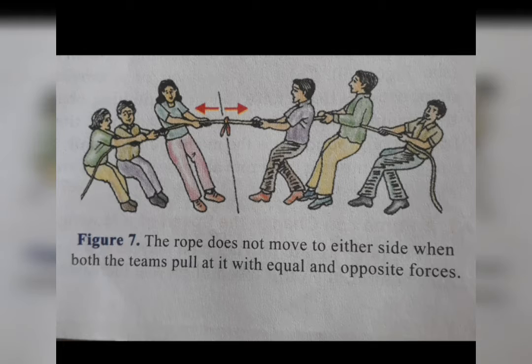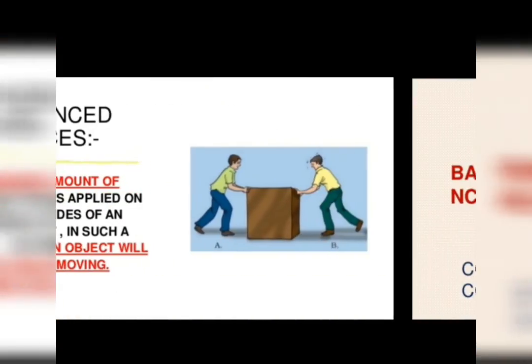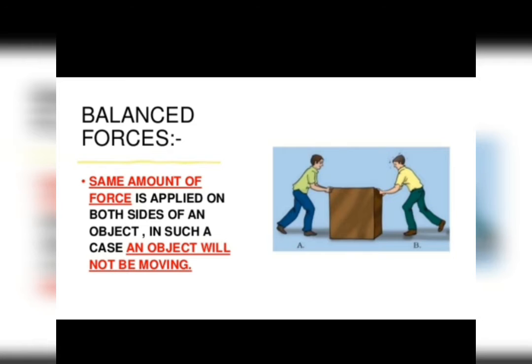And we term these forces as balanced forces. So balanced forces are nothing but the forces which are equal and opposite in direction, and the net force acting on an object is zero, and under balanced forces the object does not move at all.